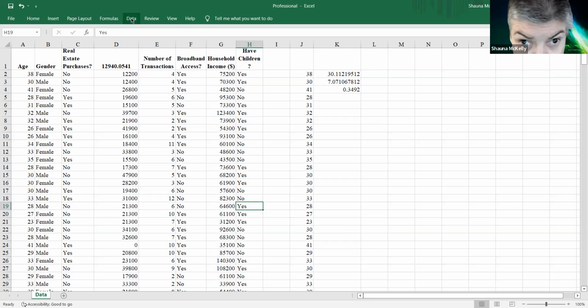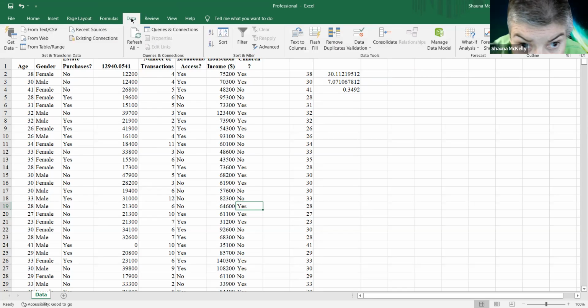Go to data, in the data analysis group. Unless there's more tabs.